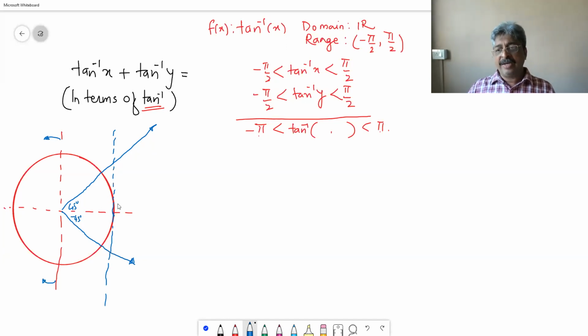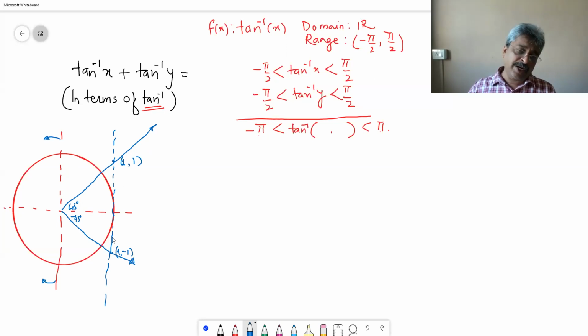If the value of x is less than 1 and greater than minus 1, this point is 1, 1, and this point, though the diagram is not proportional, will be minus 1, minus 1.